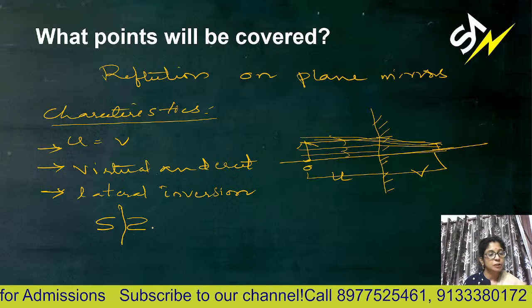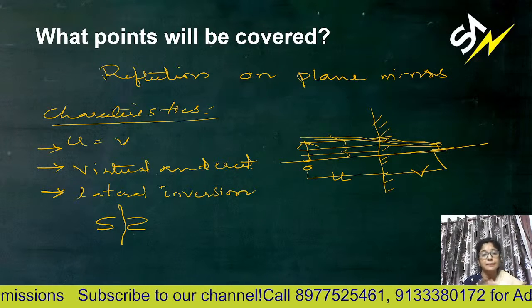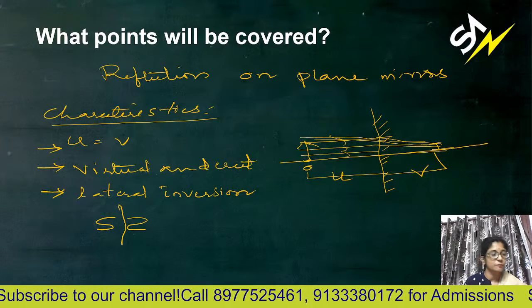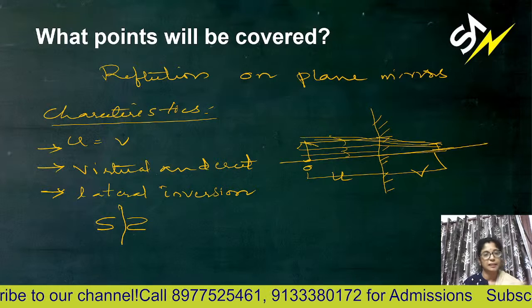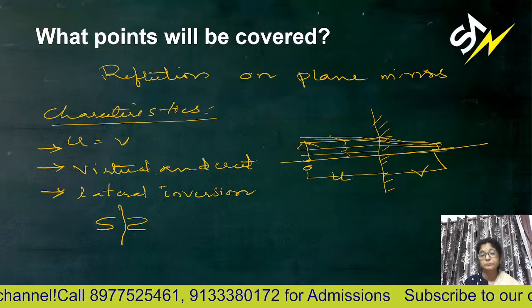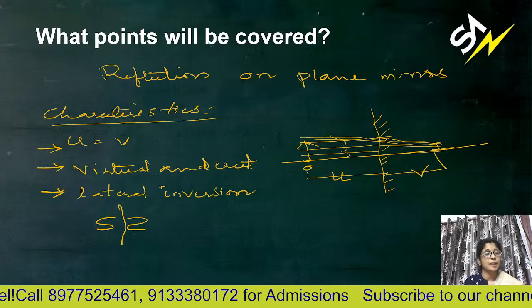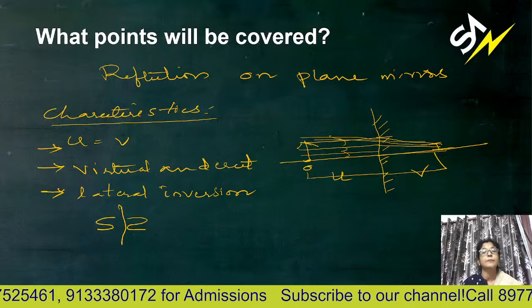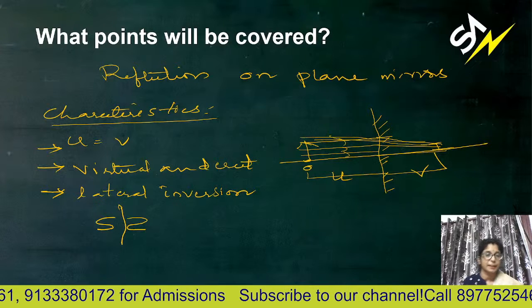You can see even the images of books in the mirror undergo lateral inversion. That is a perfect example. So these are the characteristics of the image formed in the plane mirror.